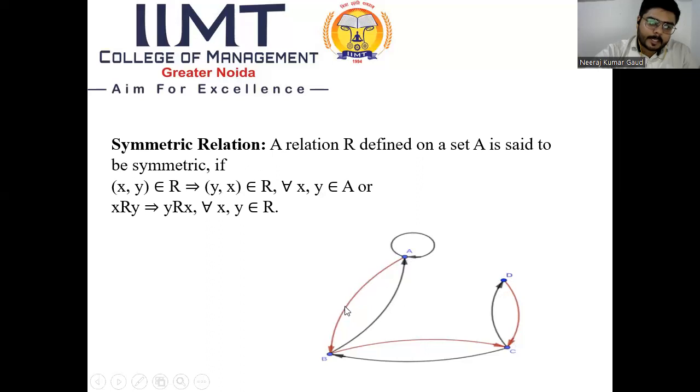That is, A is related to B and also B is related to A. Here, B has a path to C. Similarly, C has a path to B. Similarly, C has a path to D and also D has a path to C. This implies this diagram is a symmetric relation.